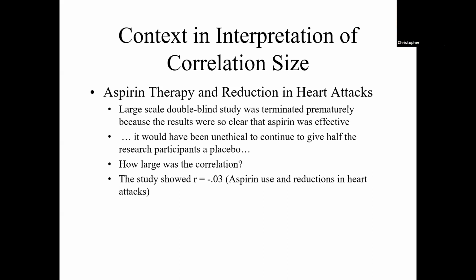That may seem really tiny based on that scale that we saw, but practically this means it's something like 2 or 3 fewer heart attacks out of every 100 people in the aspirin group. And when you think about that in practical terms, that's kind of a massive effect. That's an effect that has considerable importance.